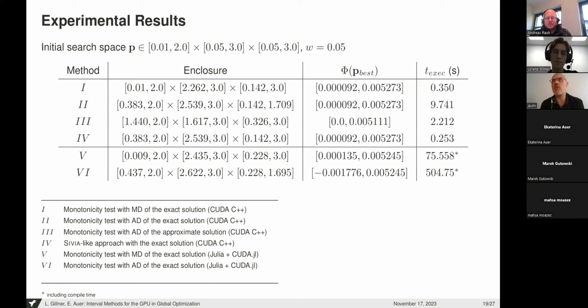So have you heard about constraints propagation, and do you think that it can be easily parallelized in a GPU?